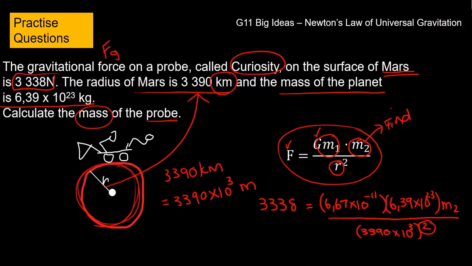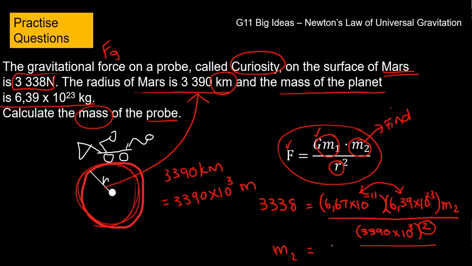Once you have popped that into your calculator, you can find mass 2. So I would possibly times these two together and then divide it by the square of that value.